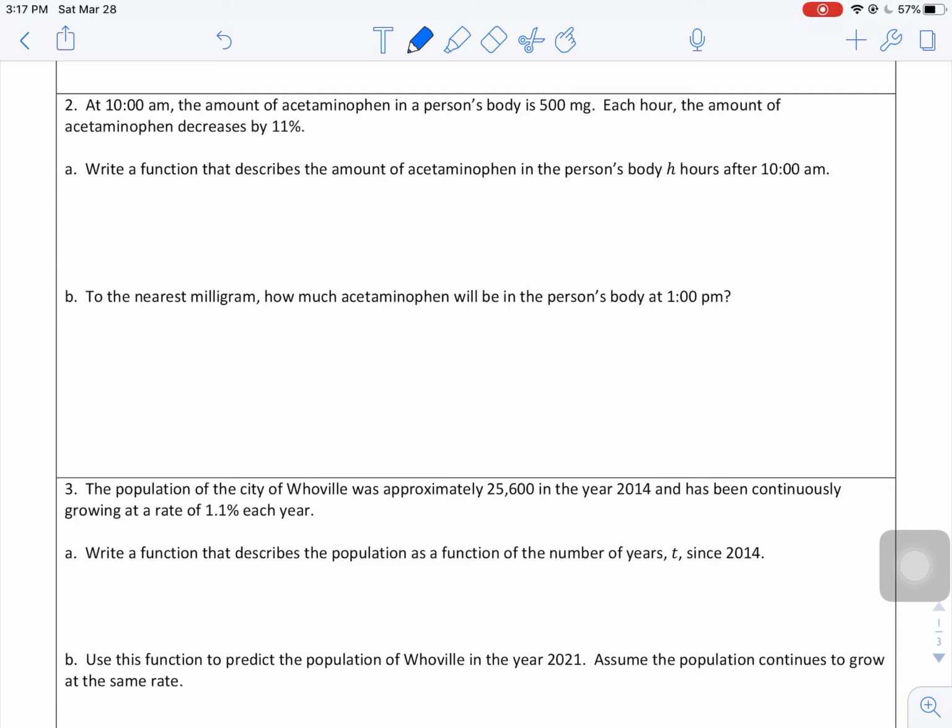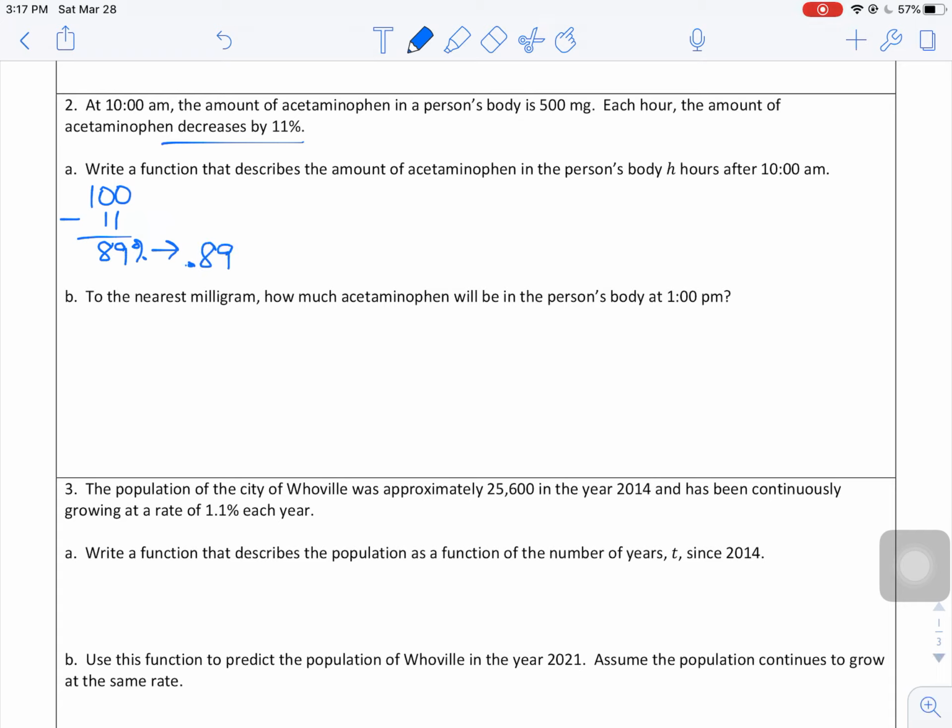Since it decreases by 11%, normally we would have 100%, but we're going to subtract 11%, and then write that as a decimal. So instead of 89%, we'll write 0.89.